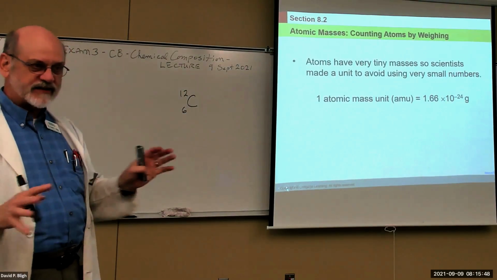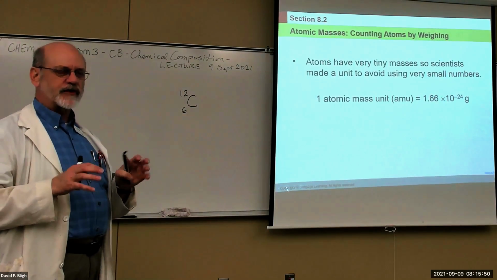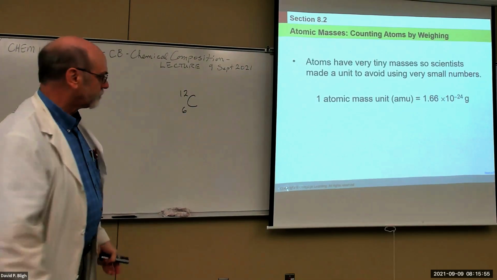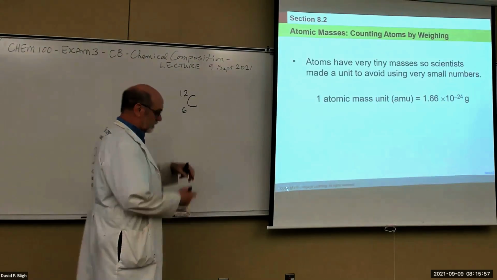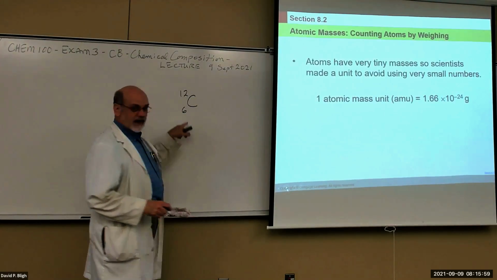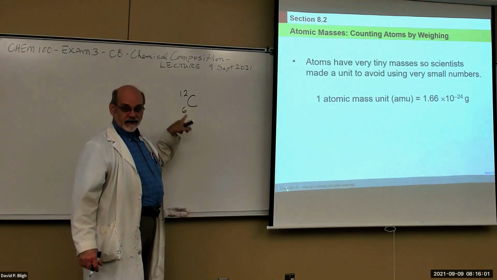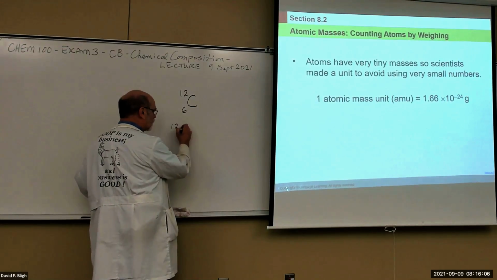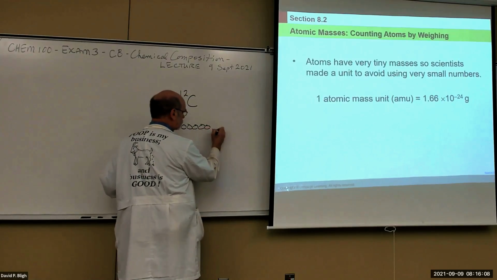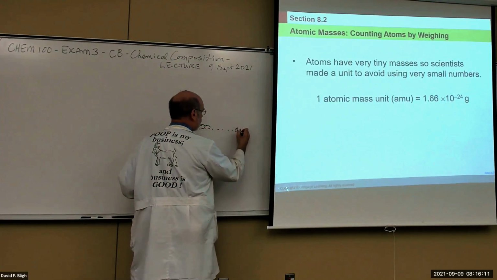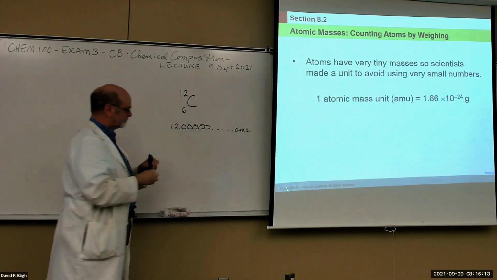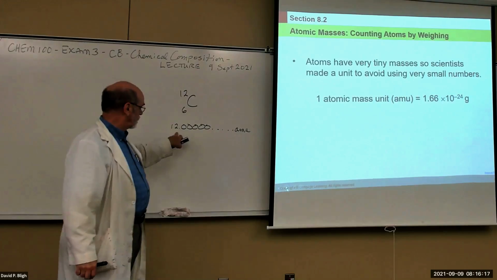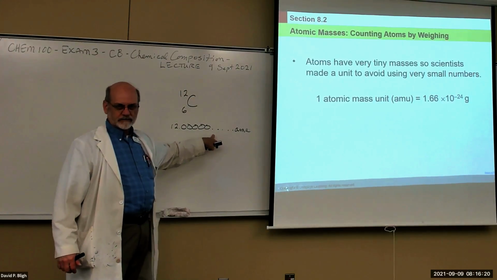Okay? You need a standard. Everybody's got to agree on something that's fixed, and everything else can be referenced to it. So if we take this as our standard, and we say that an atom of that isotope has a mass of 12.0 atomic mass units. Okay? That's our standard. As many zeros as you want.